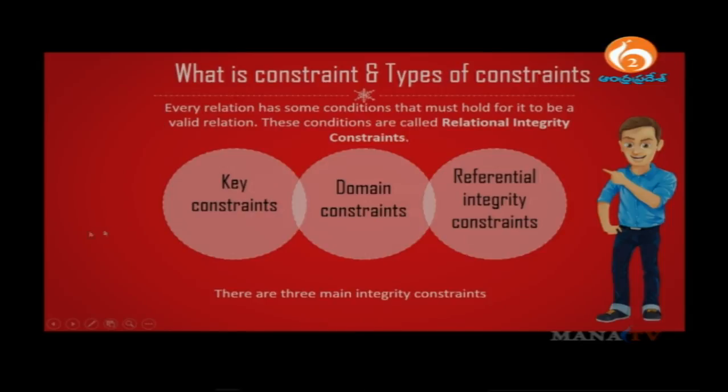This key constraint will be validated as a domain constraint, and domain constraints again refer to referential integrity constraints. So these are the three main integrity constraints, the types of constraint. First is key constraint, second is domain constraint, third is referential integrity constraint.